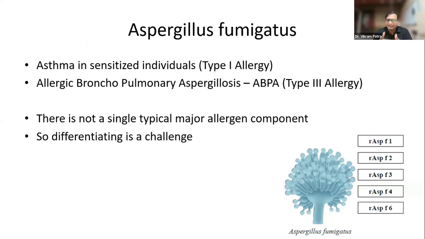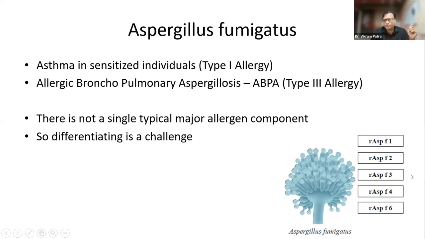But many times in uncontrolled asthma patients, there can be a type 3 allergy because of Aspergillus fumigatus, and that is what we call allergic bronchopulmonary aspergillosis. Now, Alternaria has a single typical major allergen component, and that's why immunotherapy is there. But there is no single typical major allergen component for Aspergillus fumigatus. So differentiating these two conditions becomes a challenge.